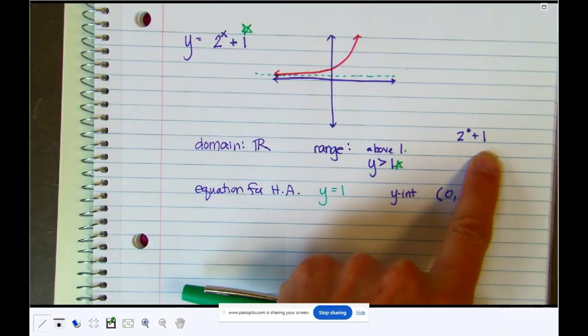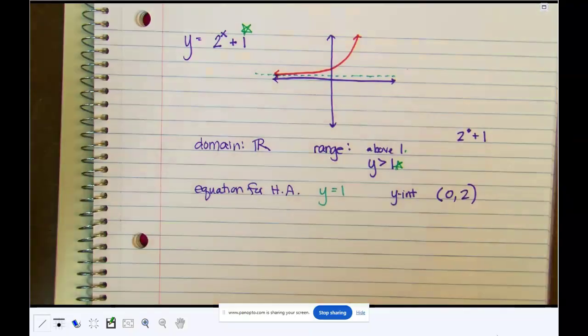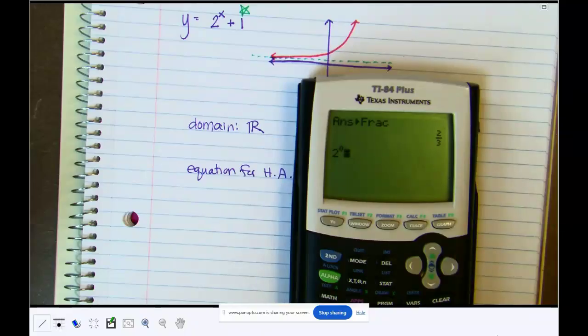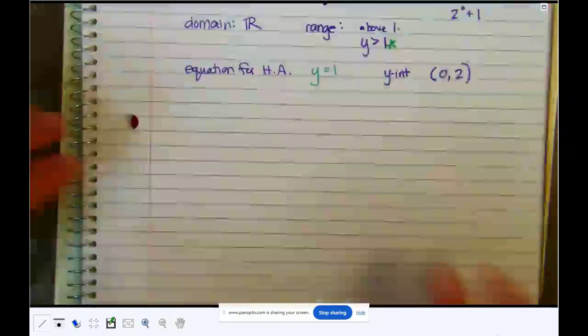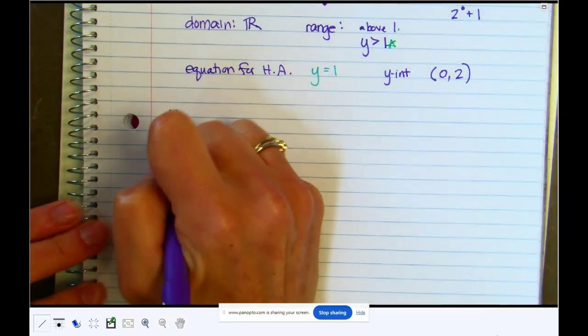So 1 plus 1 is 2. And you're done. But if not, literally put in your calculator 2 to the 0 plus 1. And it will also tell you that it's 2. There you go.